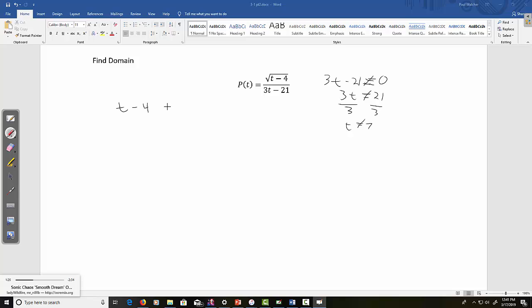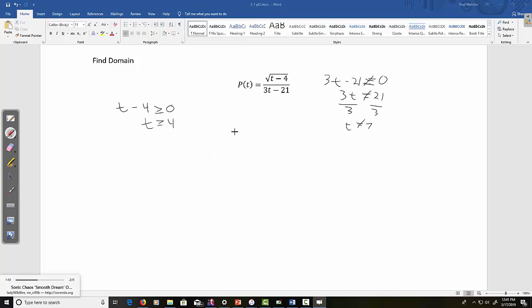Well, if you're not negative, there's only two options. You're either positive or you're 0. So that's easy enough to set up. That's an inequality. Positive or 0 is greater than or equal to 0. Well, solve for t. T is greater than or equal to 4.